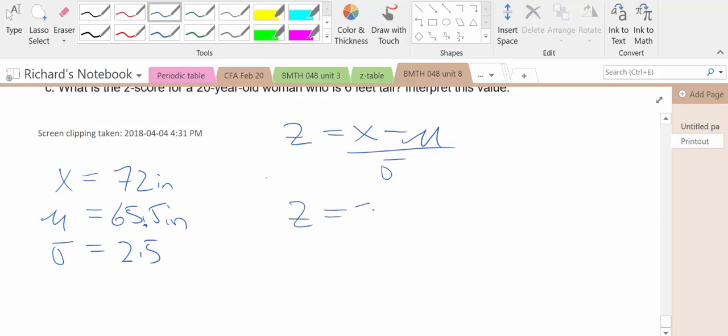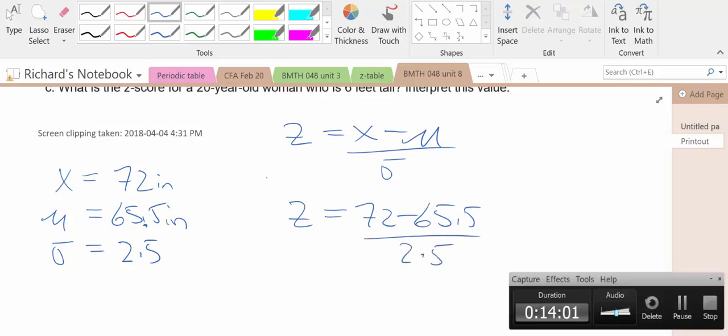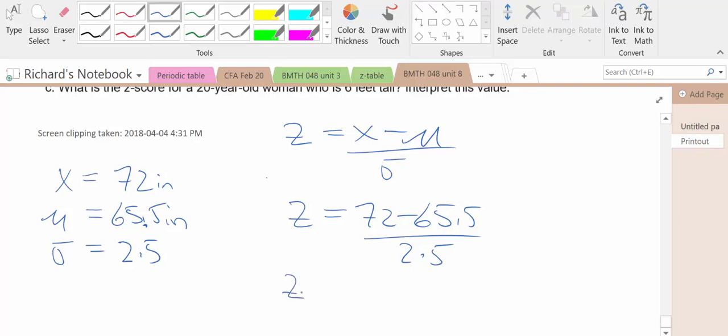So Z equals 72 minus 65.5 divided by 2.5. So Z equals 2.6. Well, what I'm going to do now is I'm going to look at my Z table. So Z is 2.60, in fact.